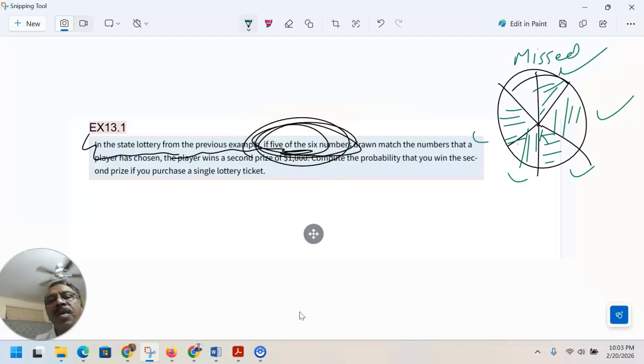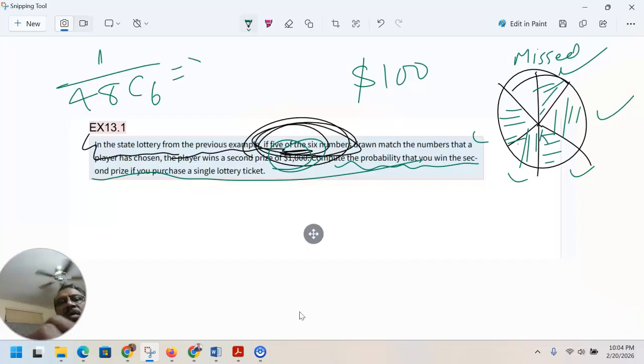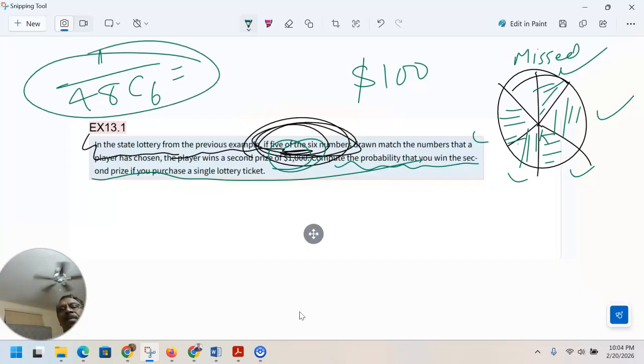Because you missed one, you get $1,000. So the question is asking, what is the probability you win second prize? Remember, the first prize was one out of 48C6, the probability of winning the 1 million. But this is the probability of winning $1,000.